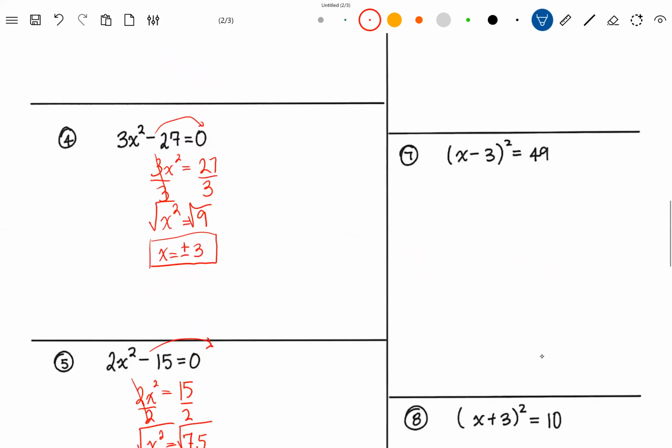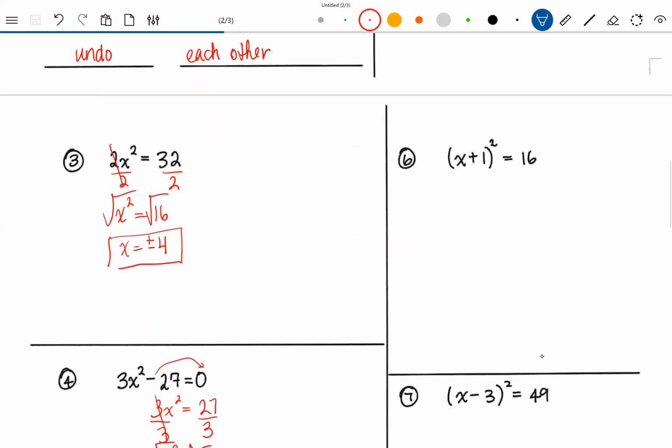No, ma'am. Okay, so if we look at number 6, it's a little bit different, but what we have is something that's squared and then we have a constant. So it still can be solved by square rooting. So the first thing I want to do is get rid of that square. So I'm going to square root both sides.